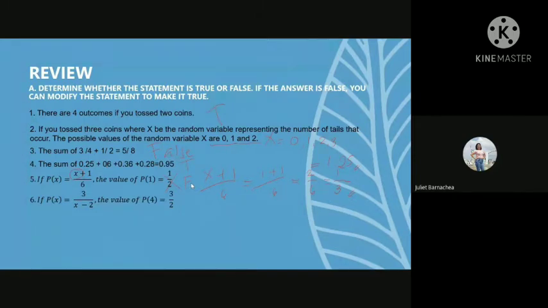The first to give the correct answer is Kitorio, and it is true. That is correct. P of 4 is equal to 3 divided by 4 minus 2 equals 3 over 2.